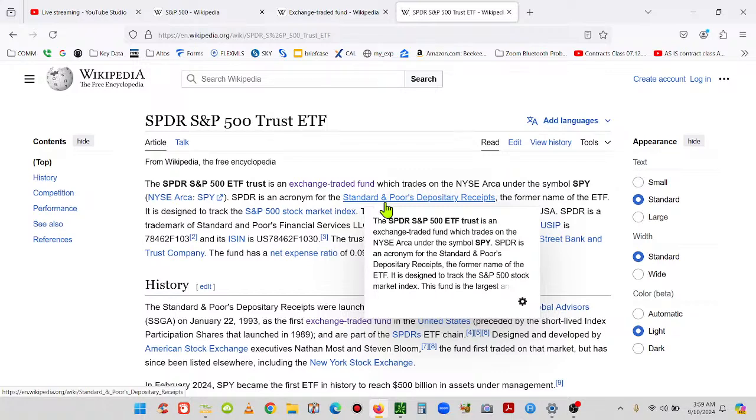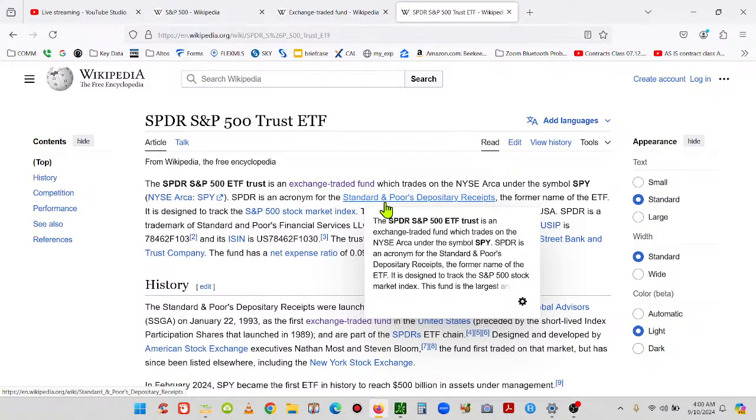So you can read this as well. Little drop-down menu, it says the SPDR S&P 500 ETF Trust is an exchange-traded fund which trades on the NYSE ARCA under the symbol SPY. SPDR is an acronym for the Standard & Poor's Depository Receipts, the former name of the ETF.